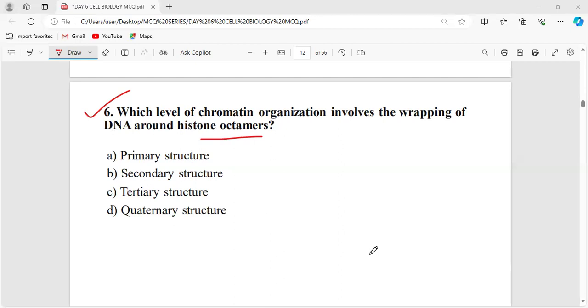Also, histone is the one going to wrap the DNA, and it converts the DNA into euchromatin as well as heterochromatin. Heterochromatin is the most condensed form.